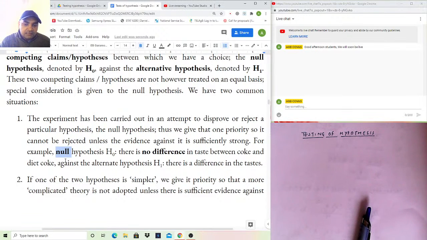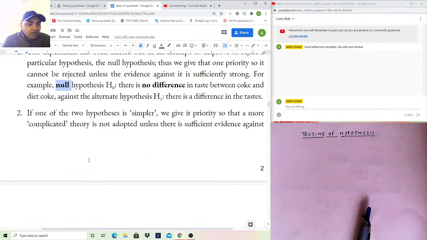For considering this, we have to conduct the experiment. We have to check with individuals about the taste, note down the readings, and then conduct a test to find out whether the taste of the two, Coke and Diet Coke, is the same or different.